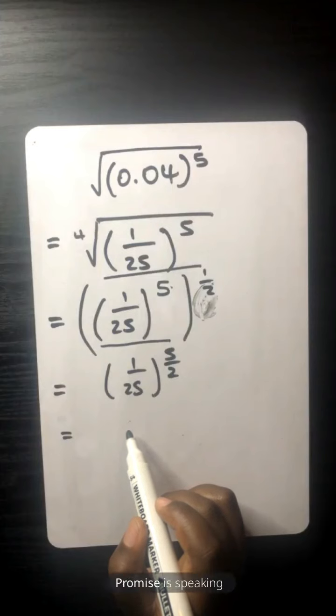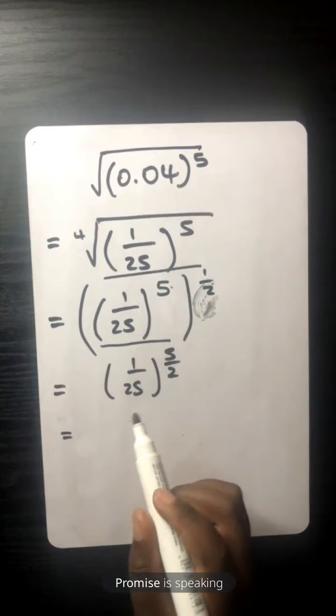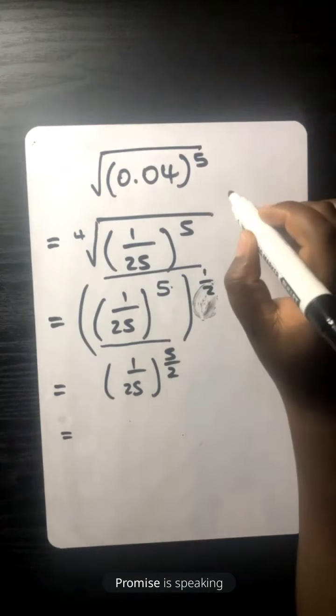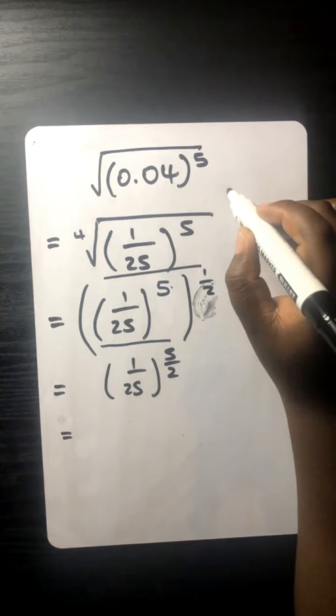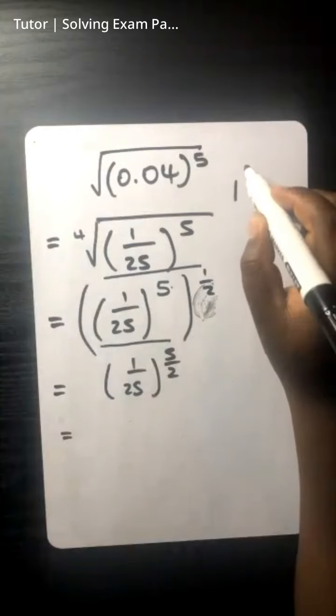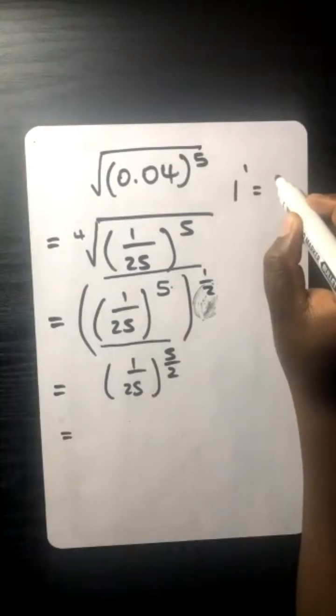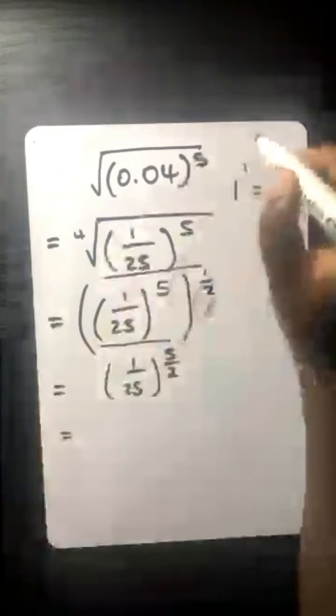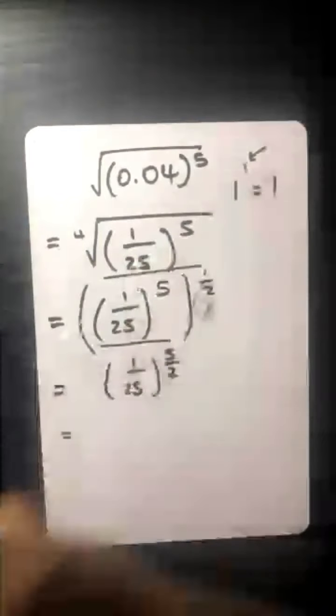I say it can't because there's 1/25 already. So I don't know if there's an invisible 1. If you want to test if there's an invisible one, punch on a calculator 1 to the exponent invisible 1 and check if it gives you 1. If it gives you 1, it means there is an invisible 1.